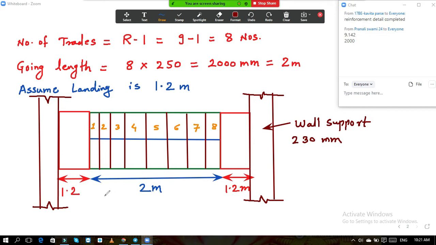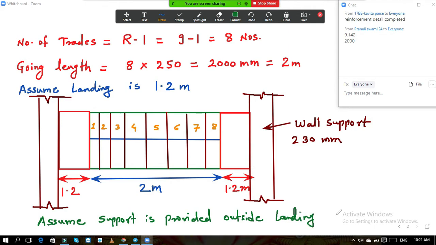So we will write here: assume support is provided outside landing of width 230 mm.